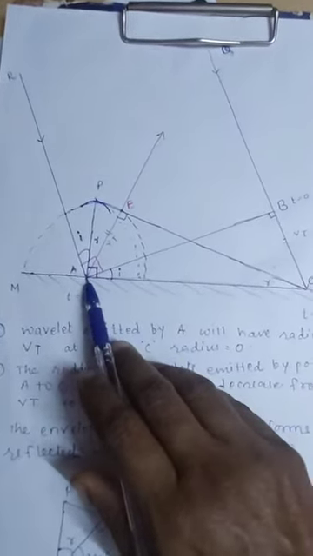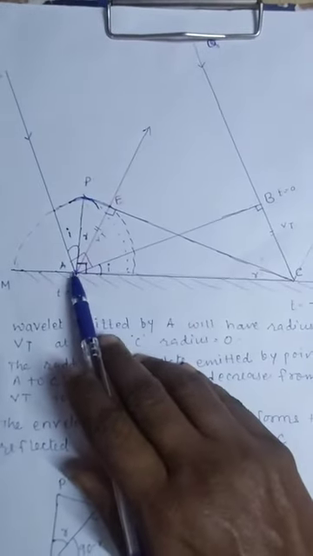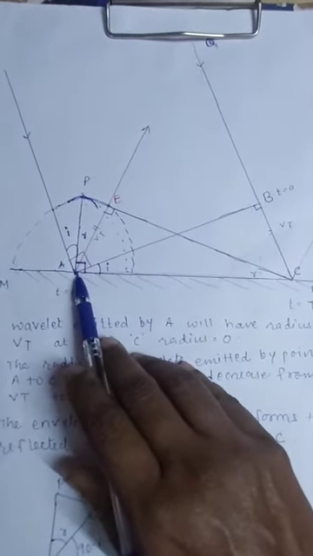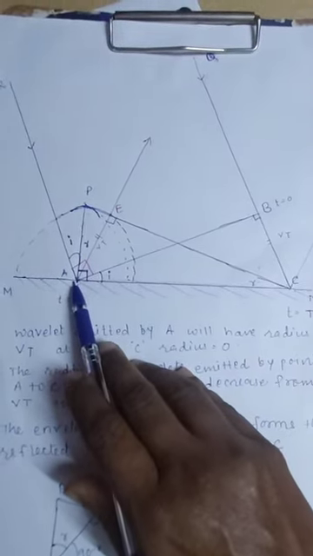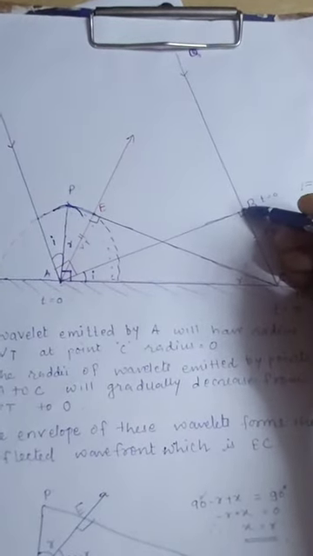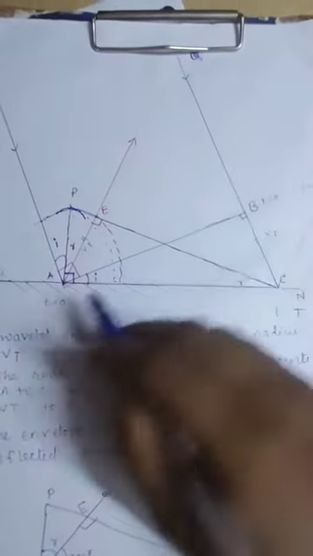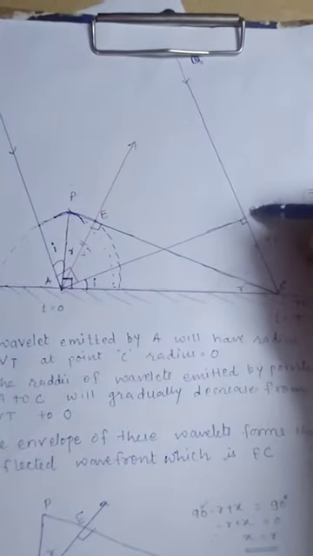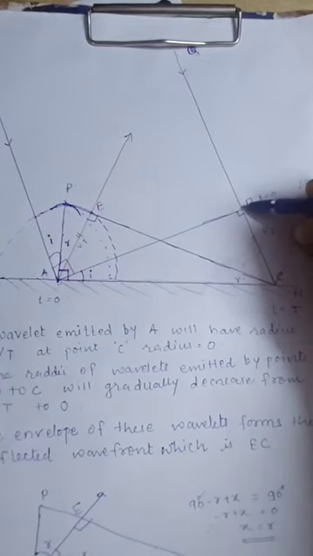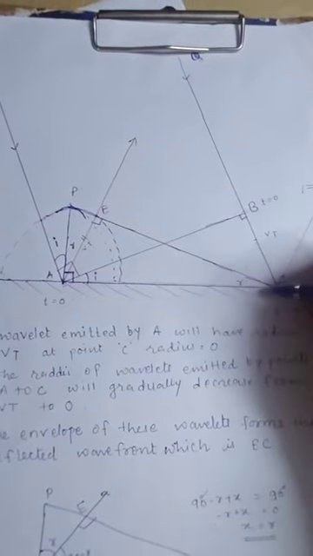When RA reaches and touches the surface at A, what will be the position of BQ? At that time, B is at this place. Let this instant be t equal to 0. At that time, B has not yet reached the surface.